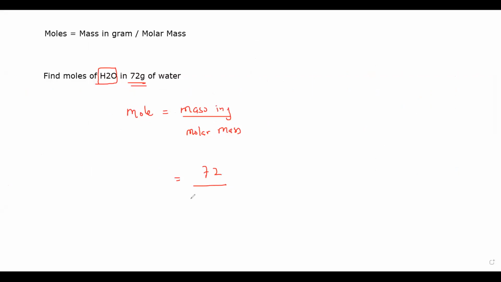So the molar mass of water, that is 1 into 2 plus 16. And when we solve this, it will be 72 divided by 18. And 72 divided by 18, what we get? We will get 4 moles of water. So actually, in 72 grams, how many moles of water are present?